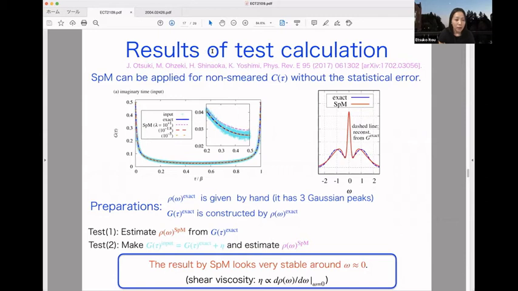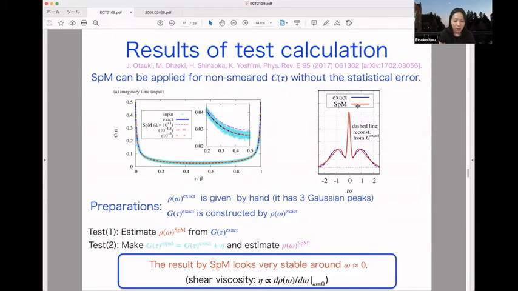And this is again Shinaoka-san's test result. Let me focus on this plot. They investigated the stability against Gaussian noise in the correlation function.